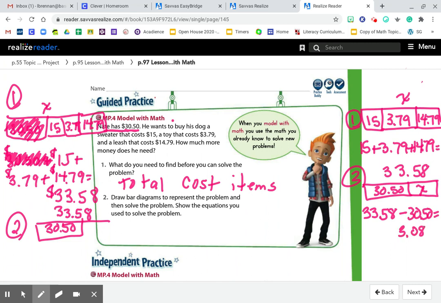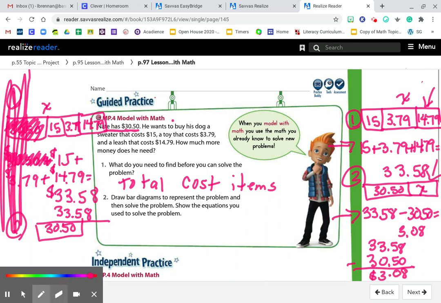And remember, when you are subtracting 33.58 minus 30.50, line everything up, subtract. So that is the bar diagram for the first step, the bar diagram for the second step, the equation for the first step, and the equation for the second step.